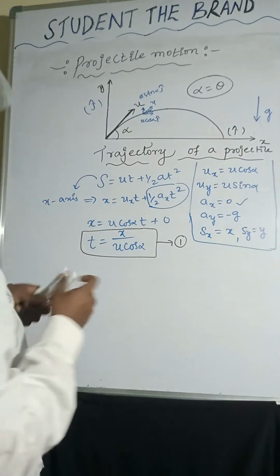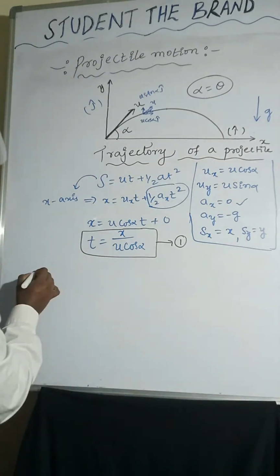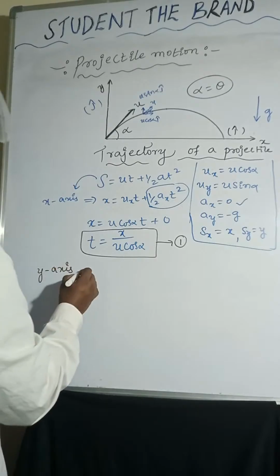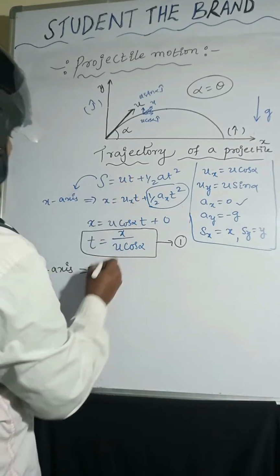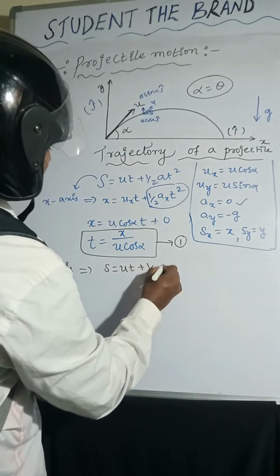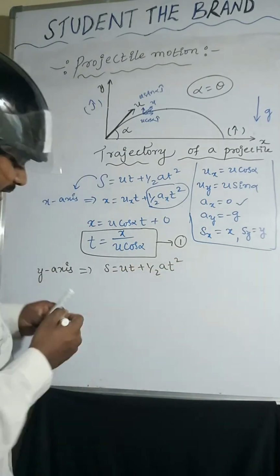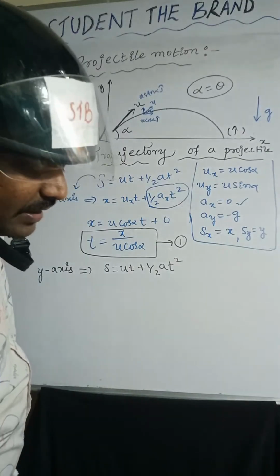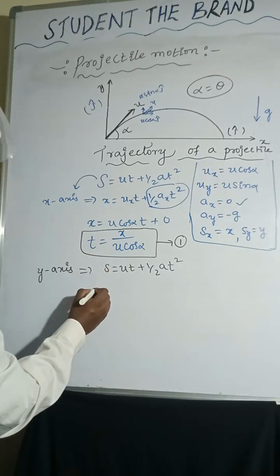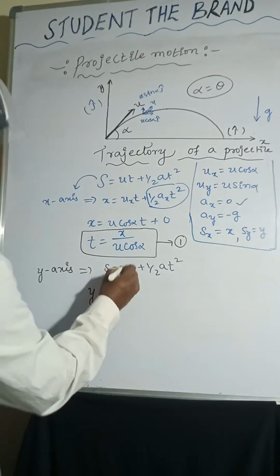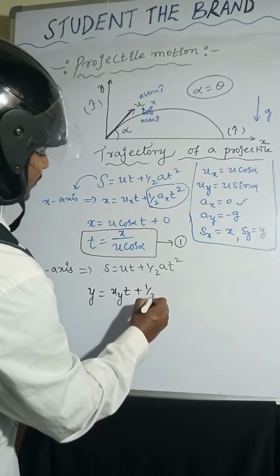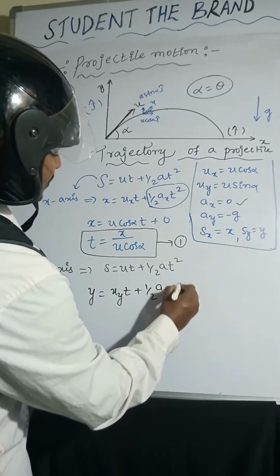Okay, next one along the y-axis. Along the y-axis, I am writing the same formula, s equal to ut plus half at square. So here, y equal to uy into t plus half into ay into t square.